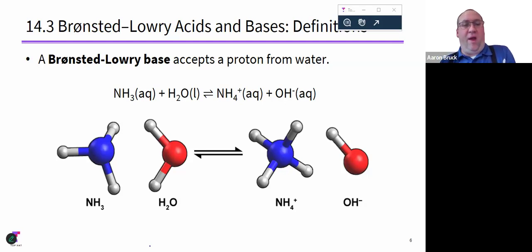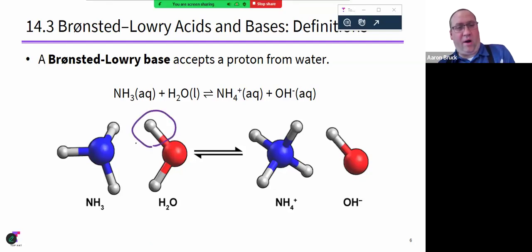However, when ammonia is bubbled into water, water gives one of its protons to the ammonia, and the results are the ammonium ion and the hydroxide ion. Under this definition, the ammonia accepted that proton, so it is a base, and the water gave that proton, so it is an acid.